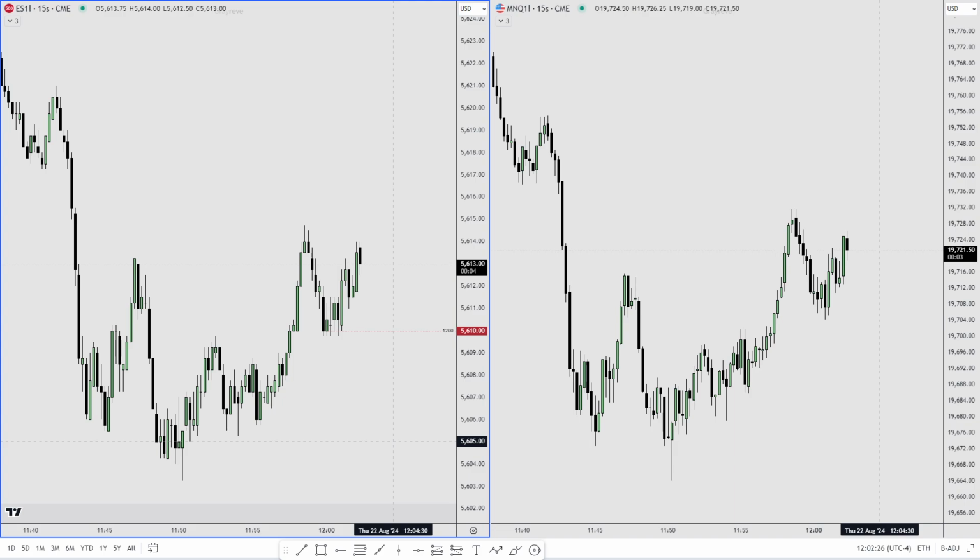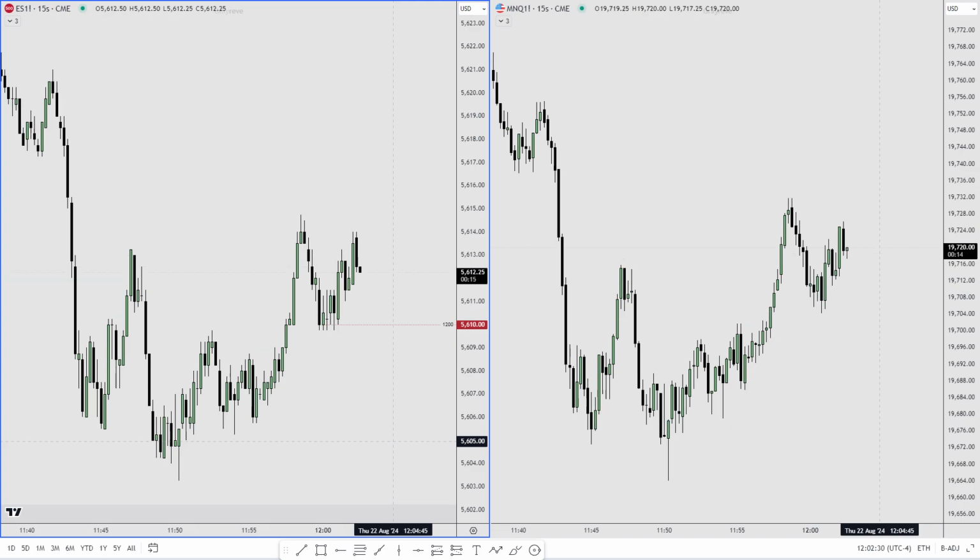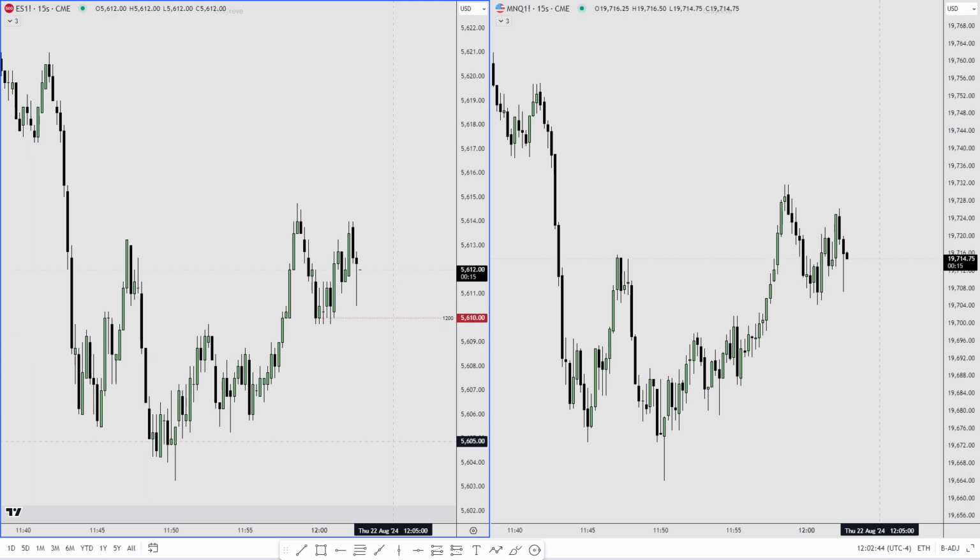I'm watching for that to see if it can happen. I would prefer to stay on the side of bearishness until we reach into this new day opening gap.